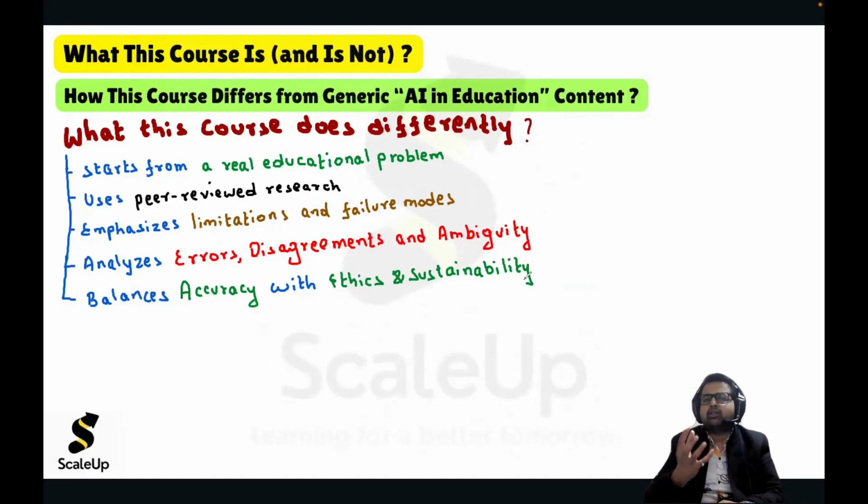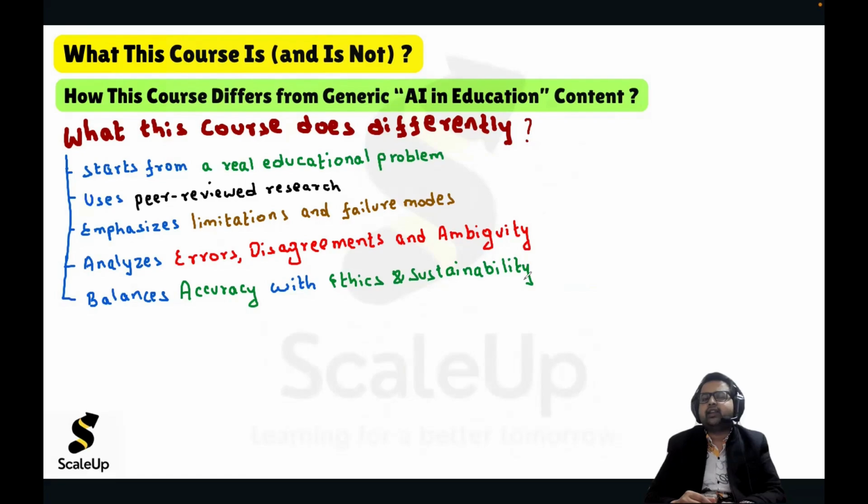Rather, whatever AI model we build will be solving a real educational problem. It makes use of good peer reviewed research. It emphasizes the limitations and failure modes. It will not claim that we are making something magical. Whatever AI grading system we make will have some limitations and failure modes, and we will be emphasizing that in this course.